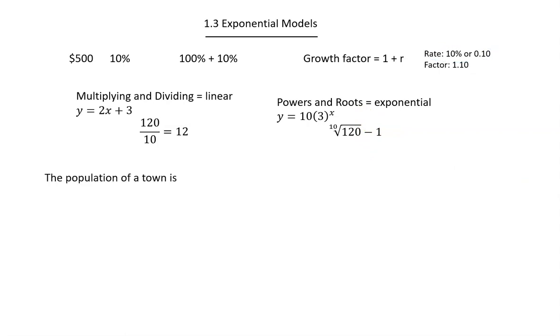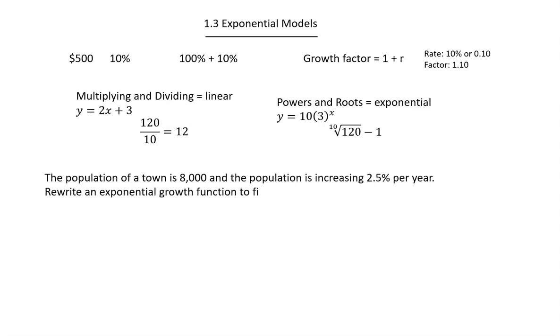So here's a problem. The population of a town is 8,000, and the population is increasing 2.5% per year. Rewrite an exponential growth function to find the monthly growth rate. So our yearly rate is 2.5%. We want to find the monthly growth rate.